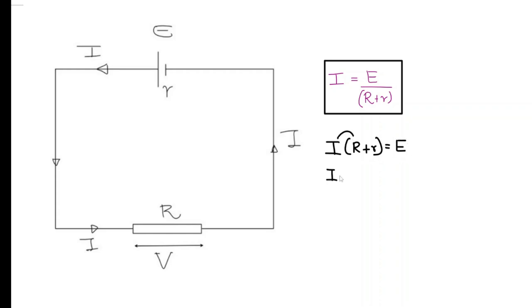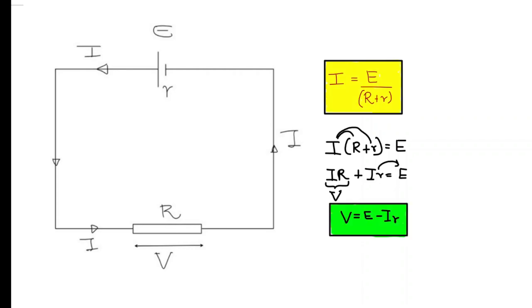I times capital R is IR, plus I times lowercase r is Ir, is equal to E. Now we know V is equal to IR, so that is V. So I can get the next version: V is equal to E, and I'm going to move it to the other side, minus Ir. So many exam questions about simple circuits can be done with these two formulae: I equals E over R plus r, and V is equal to E minus Ir.